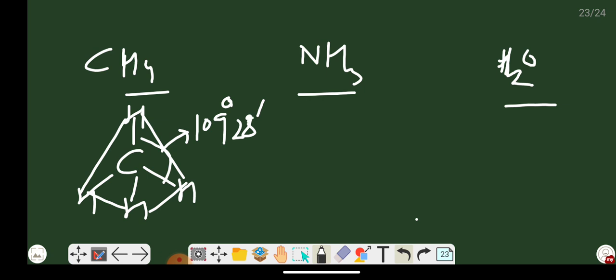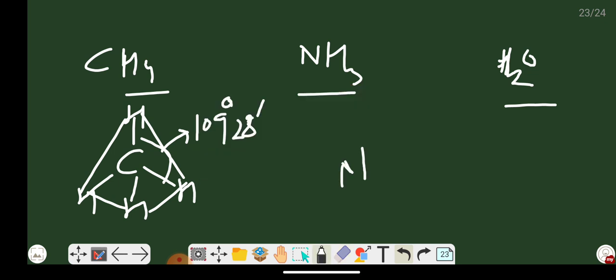Now here NH3, as we know, has one lone pair. If NH3 did not have a lone pair, then its shape would be like this. Let's make it clear.